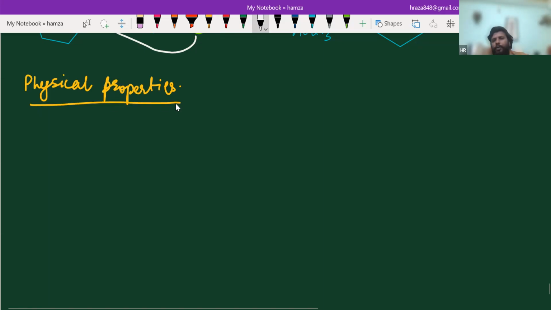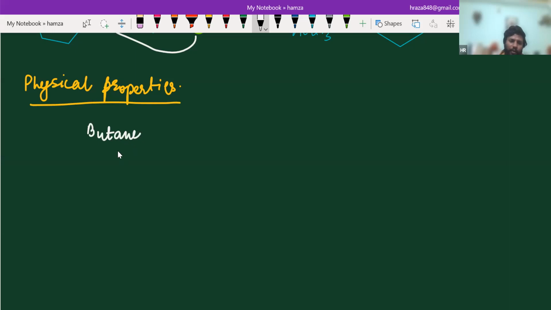If you read NCERT, there is a comparison between hydrocarbon, that is alkane, and then ether, aldehyde, ketone, and alcohol. So I'm just going to take the idea of that.